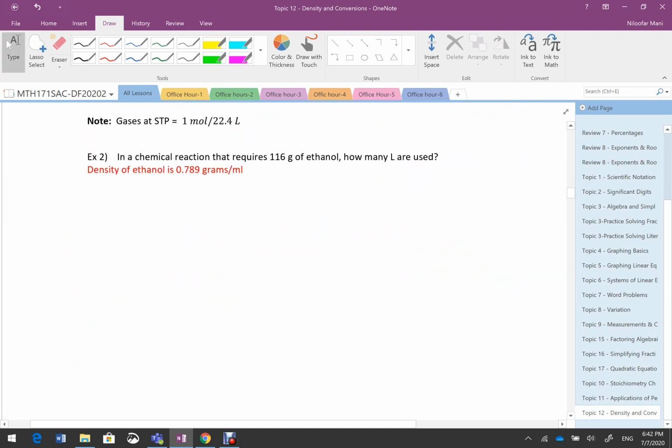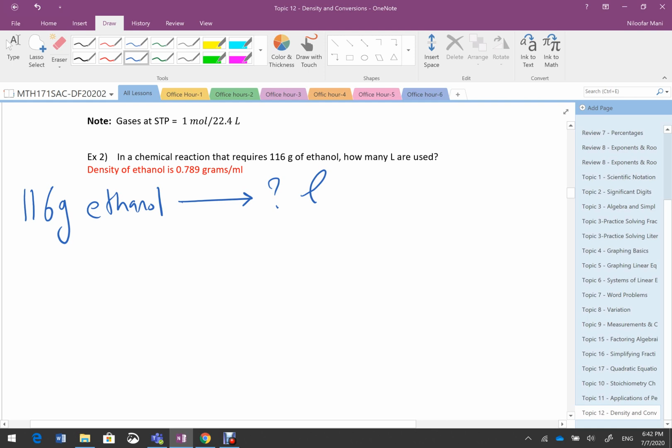So how about this question? In a chemical reaction that requires 116 gram of ethanol, how many liters are used? So I want to go from 116 gram of ethanol to number of liters.